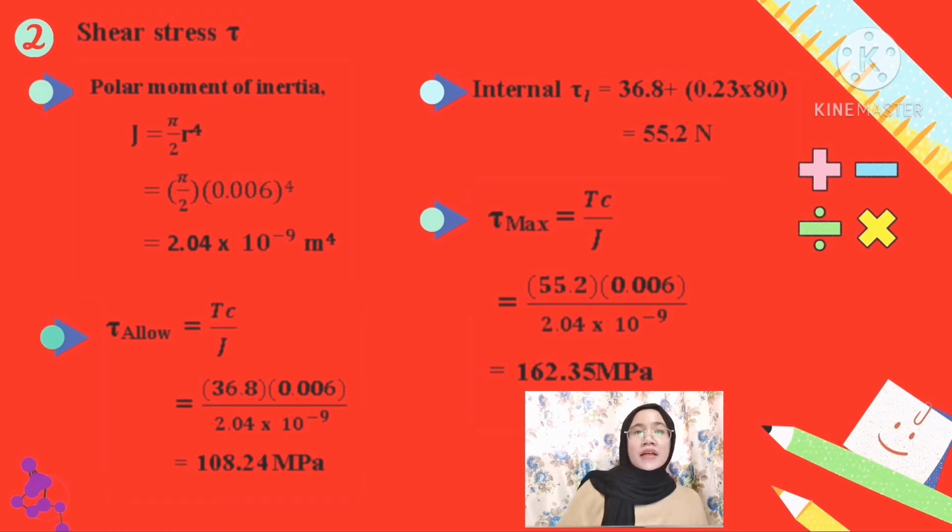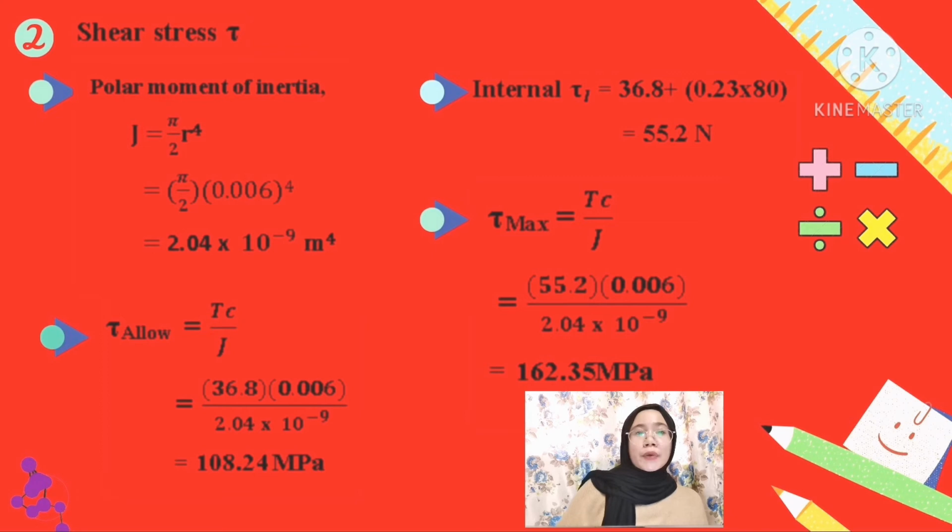And then to find the tau max, Tc per J. T is the value of the internal. So we find the internal torque first. So 36.8, which is the value from the moment that we calculate just now, plus 0.23 the length multiplied by force, which is 80, and then we get 55.2 Newton.